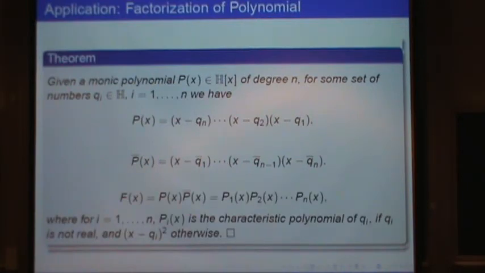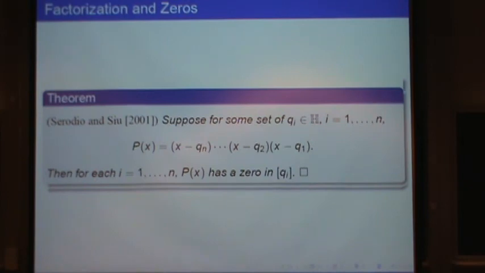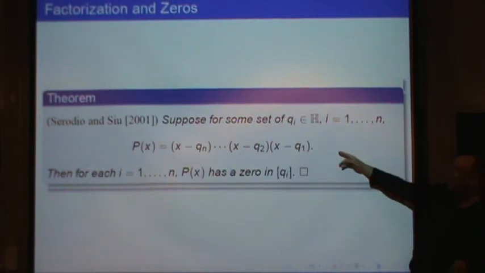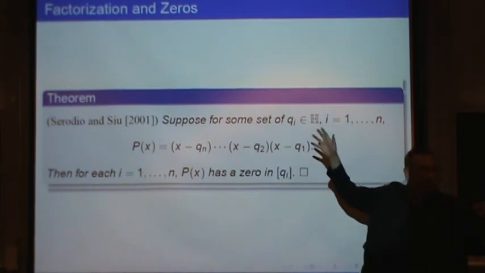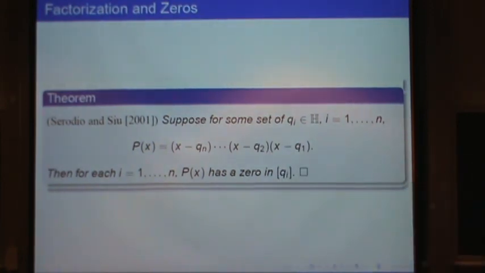And the function f of x turns out to be the product of quadratic terms, which are either characteristic polynomials or of the form just a quadratic of the type x minus qi squared. Factorization and zeros. Here is a theorem that says if you have a factorization like this, then we know p of x has a root in the conjugacy class of each qi. That's the best that they claim in this theorem.